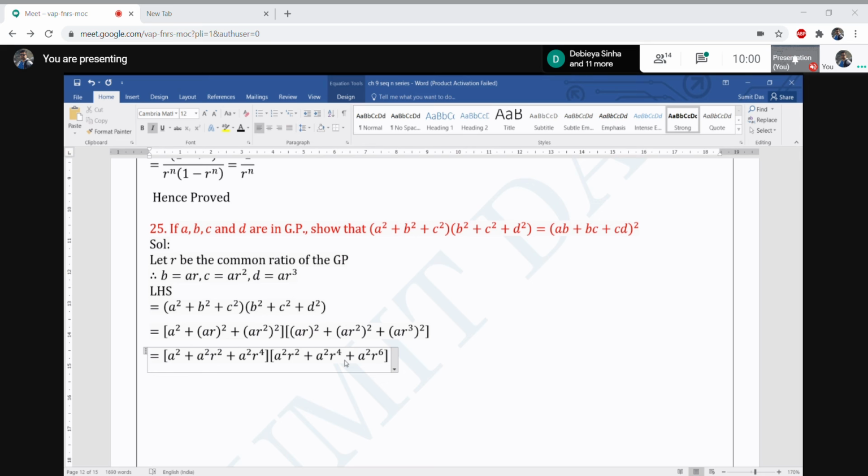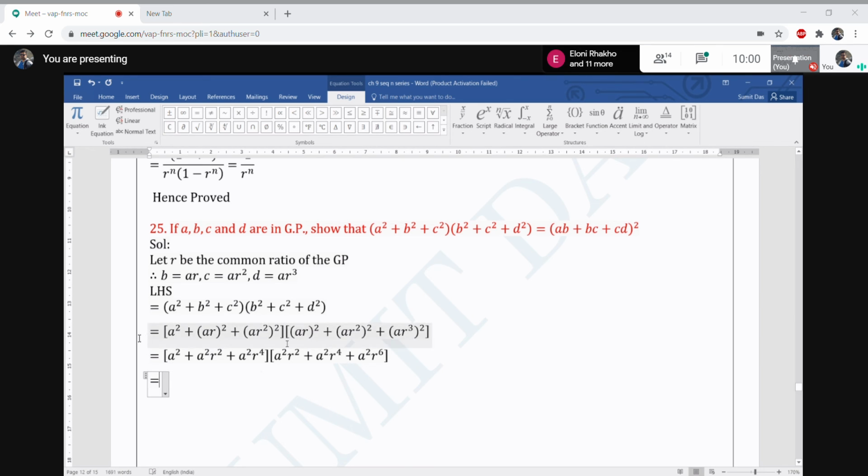Fine, then from the first bracket I'll take a square common. So what will remain inside is 1 plus r square plus r to the power 4. Next from this part I'll take a square r square common.